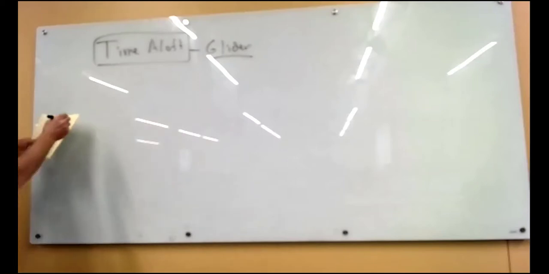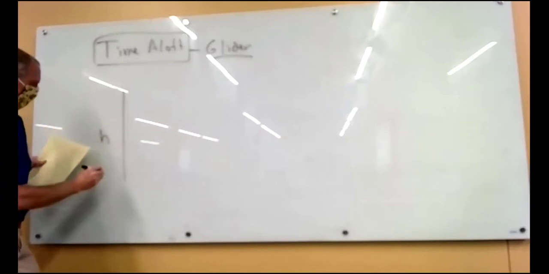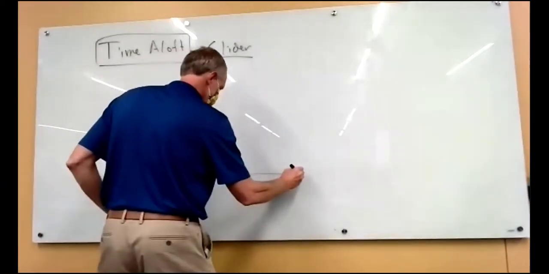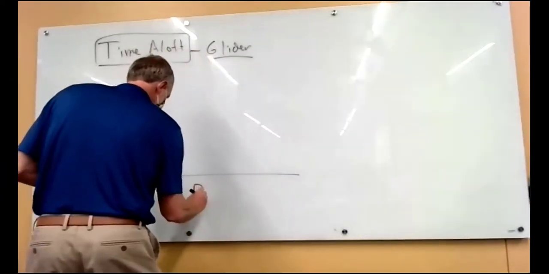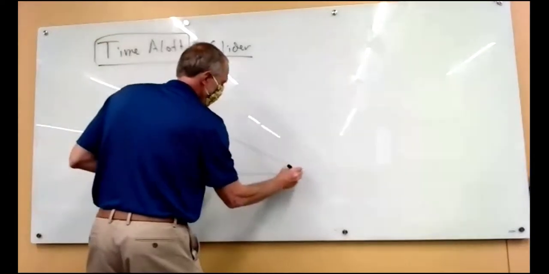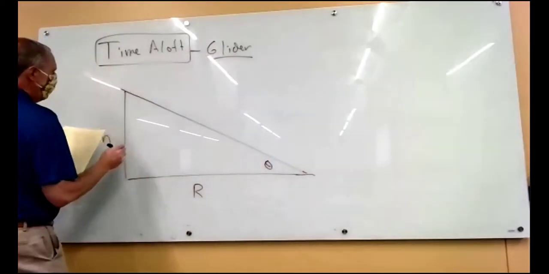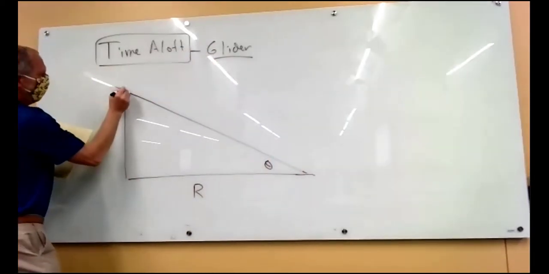So let's draw a picture of our airplane again at an altitude H and a range R. And there's the flight path and angle theta. So our airplane's following that path there.